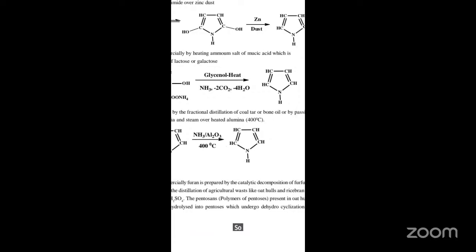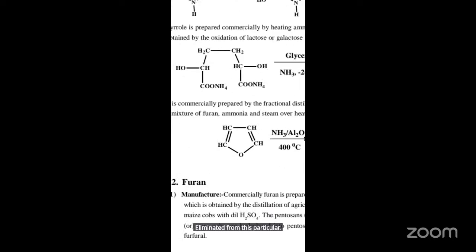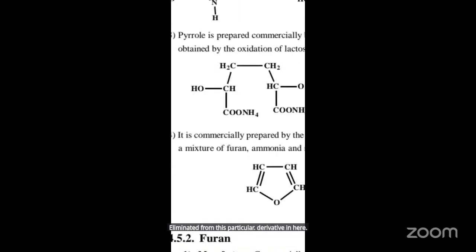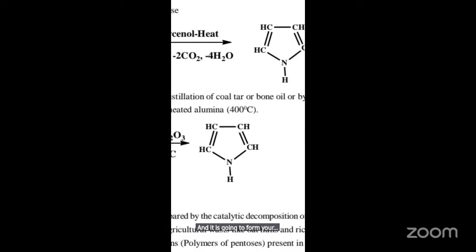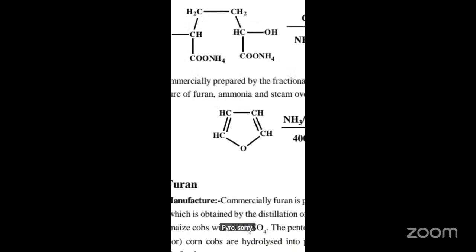Then simply decarboxylation followed by dehydration. 2 moles of carbon dioxide and 2 moles of water are going to be eliminated from this amide derivative, and it is going to form the pyrrole.